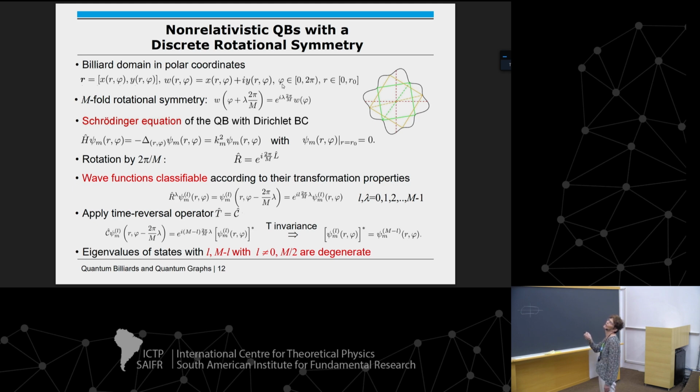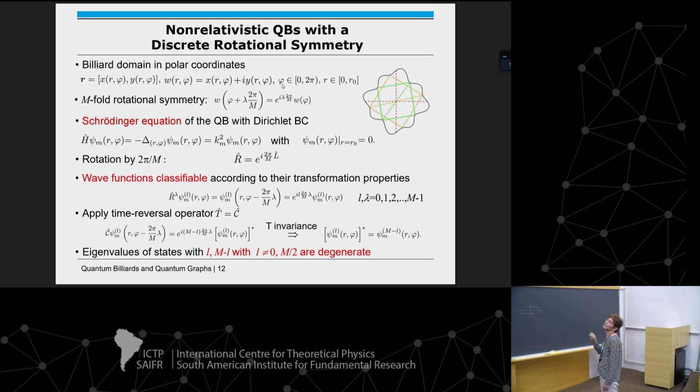You can check, when you go from here to here, you will have a change in the real and imaginary part, and this is expressed in terms of this prefactor. But up to a phase, you will get back your w. And if you do it in Cartesian coordinates, then you get exactly the same: x of r and phi plus 2 pi over m and y of phi plus 2 pi over m are equal to x of phi and y of phi.